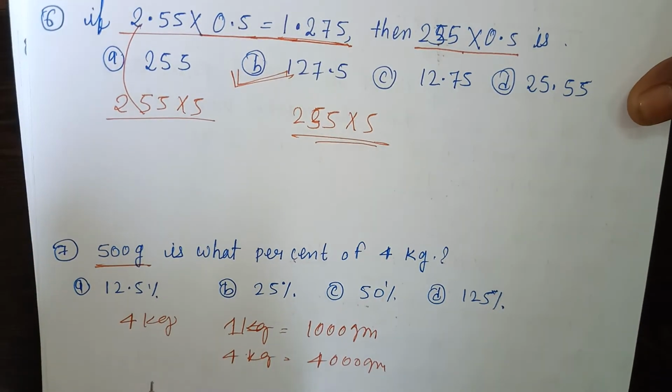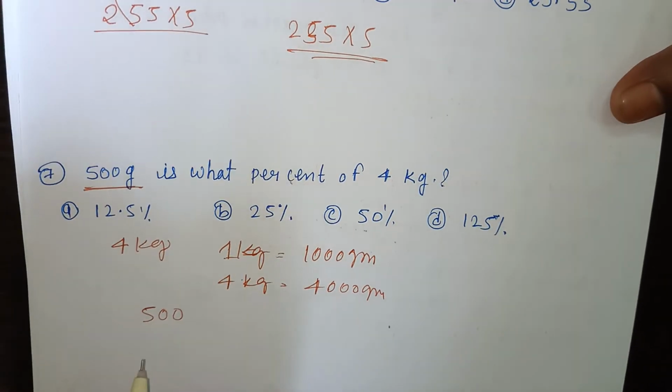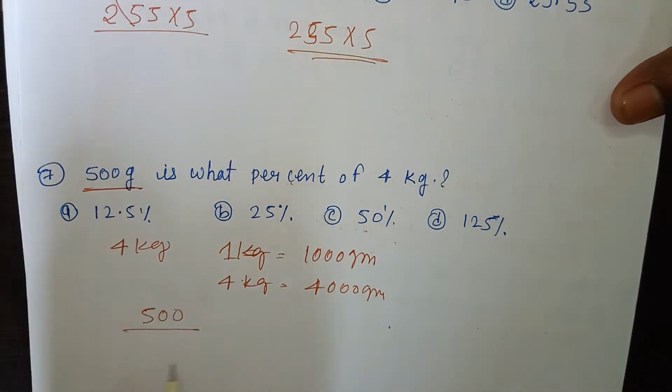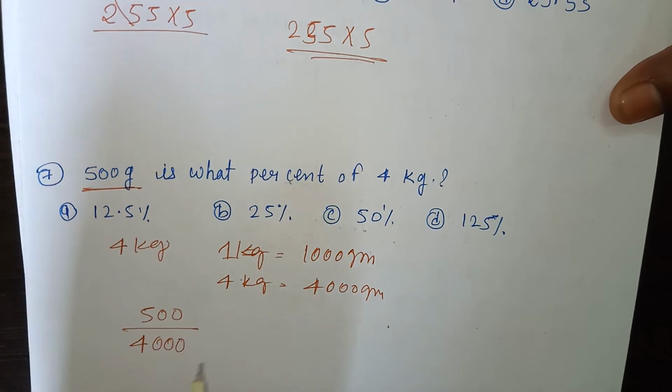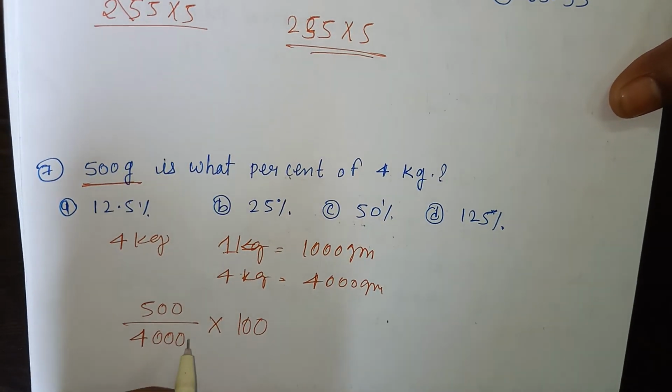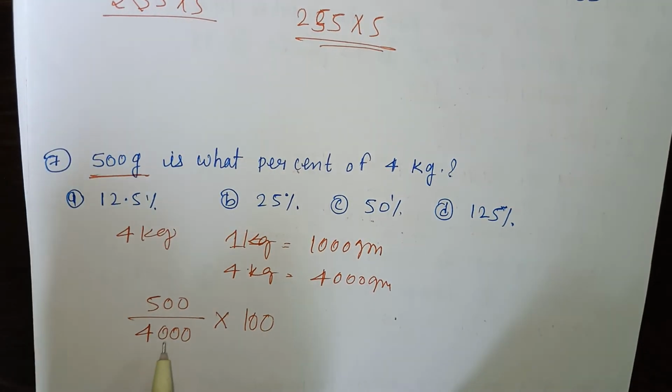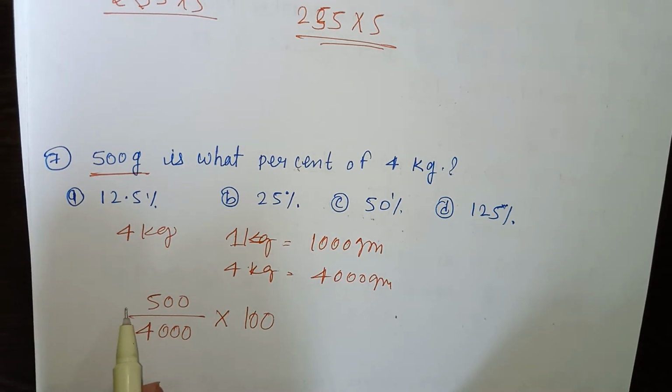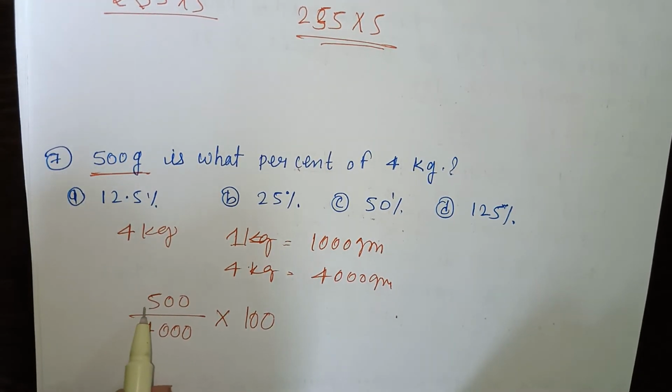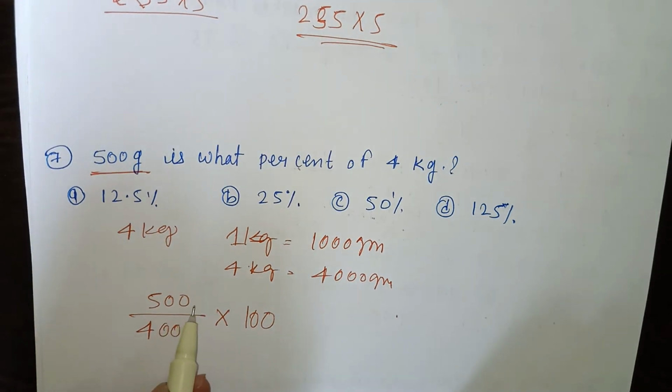Then 500 grams is what percent of 4000 grams. Why did I take 4000, why not 4 kg? Because we have to convert to the same unit. Suppose here it is gram, then we have to convert the other also into gram, same unit.